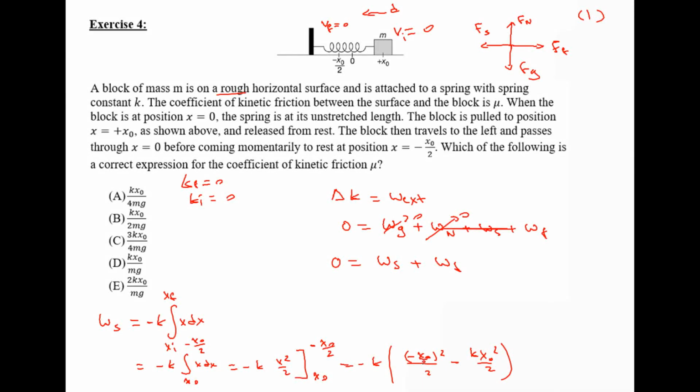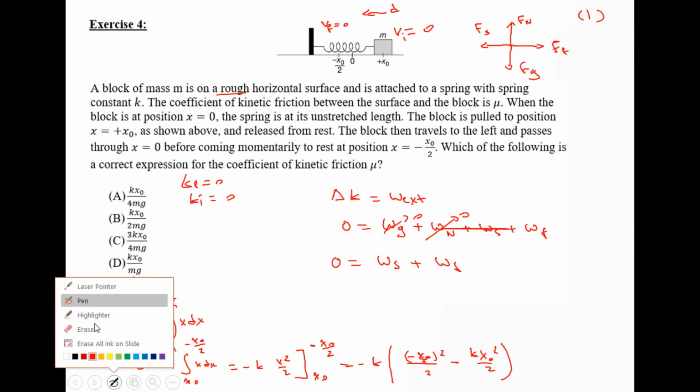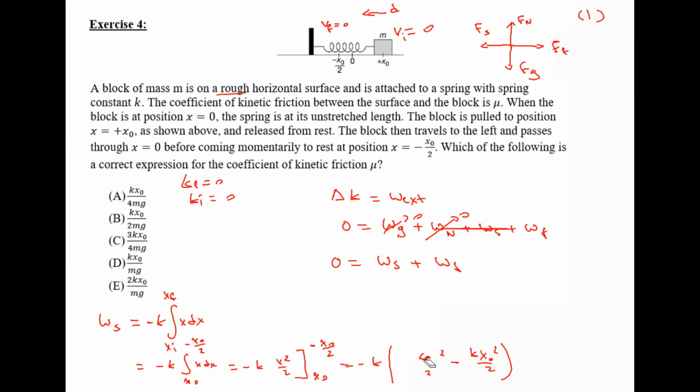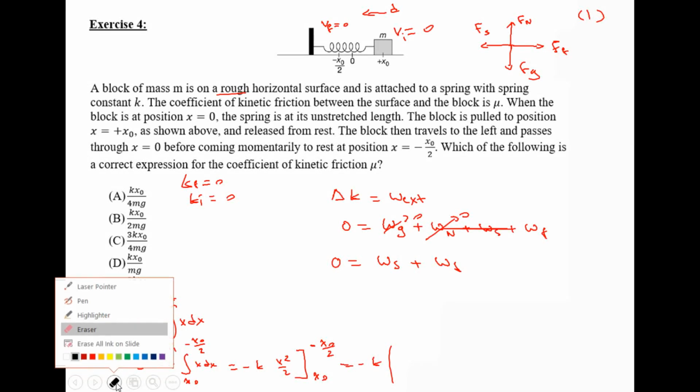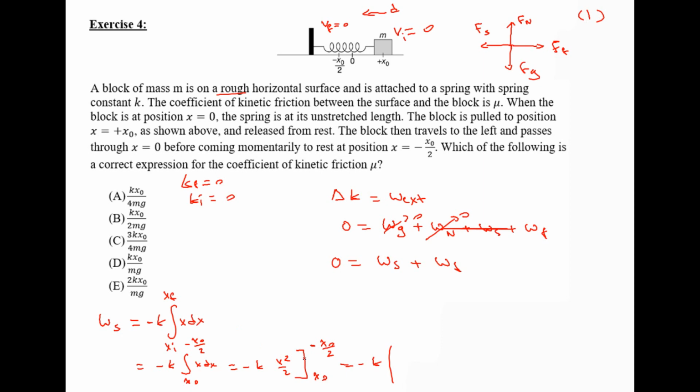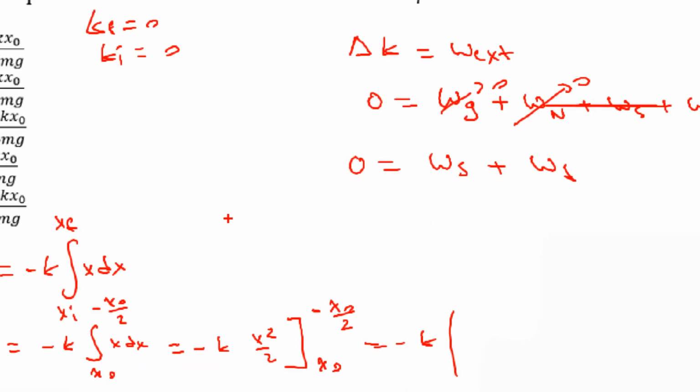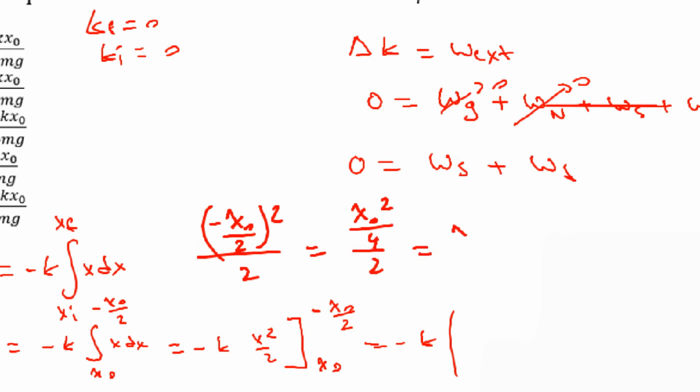Let me just do it carefully. Now x0 squared divided by 2 minus minus x0 over 2 to the power of 2 divided by 2. That would be x0 squared over 4 divided by 2, which is basically x0 squared divided by 8.